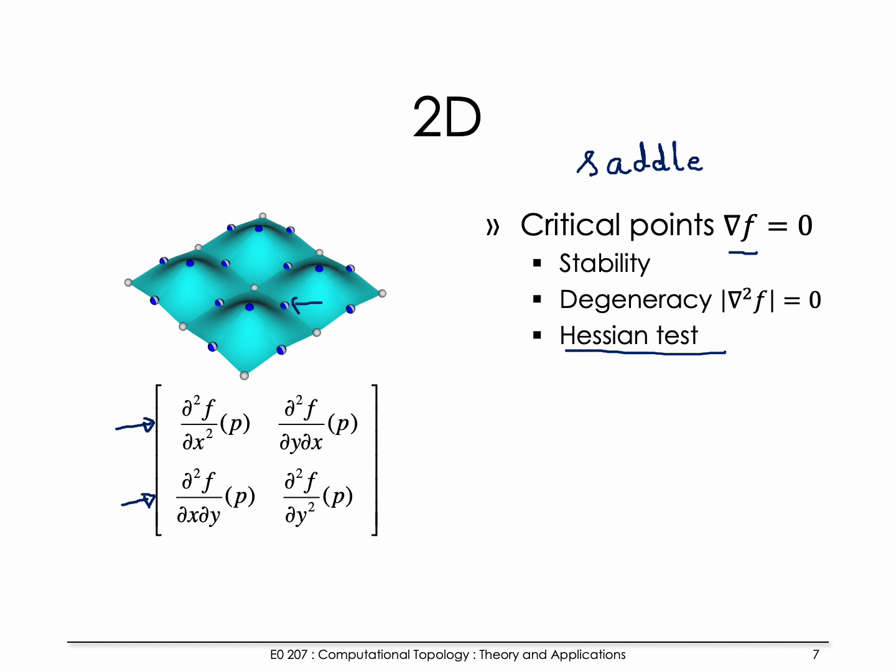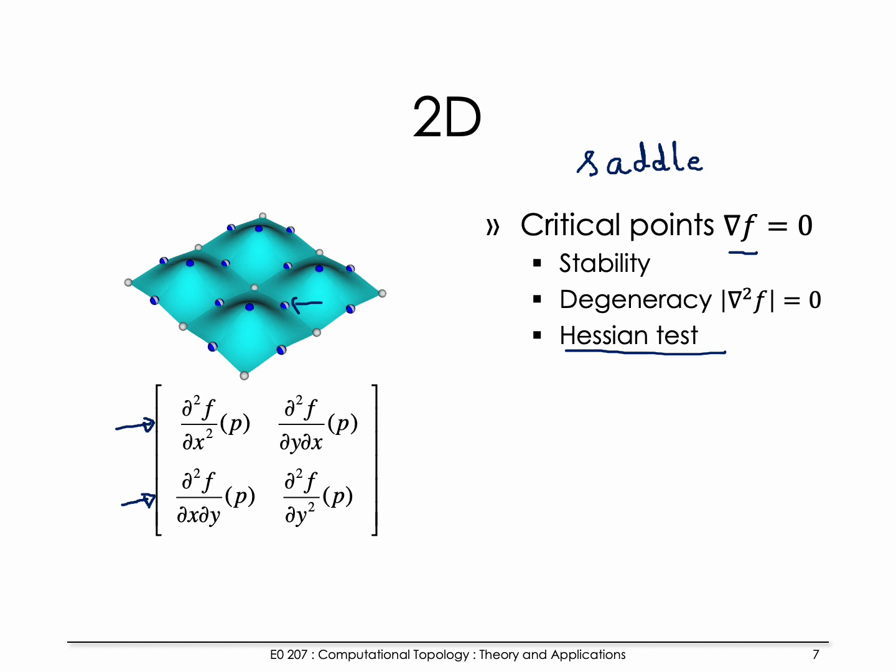How do you use the eigenvalues to classify the critical points? Note that the critical point here, the maximum, was unstable in all directions. So this will actually correspond to two negative eigenvalues.